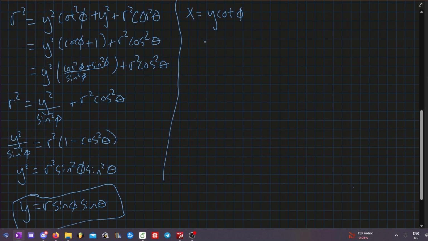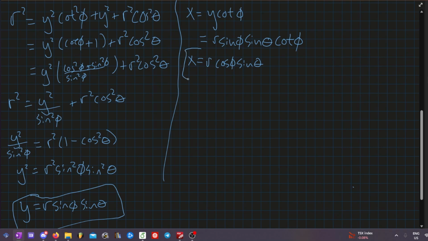Okay, so this means that x equals, we're going to substitute in y, so we get r sine phi sine theta times cotangent of phi. And that means that x actually equals r cos phi sine theta after simplifying the cotangent.